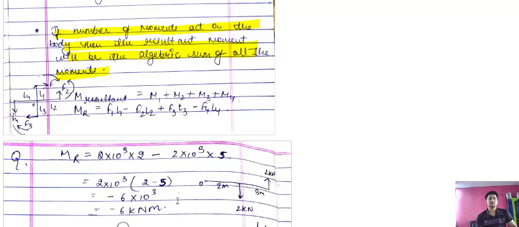So the resultant will be the algebraic sum. For example, for this object, when we are to calculate the moment at O, suppose one force is acting here, one force here, one force here, and one force here. Now how will you calculate the moment?